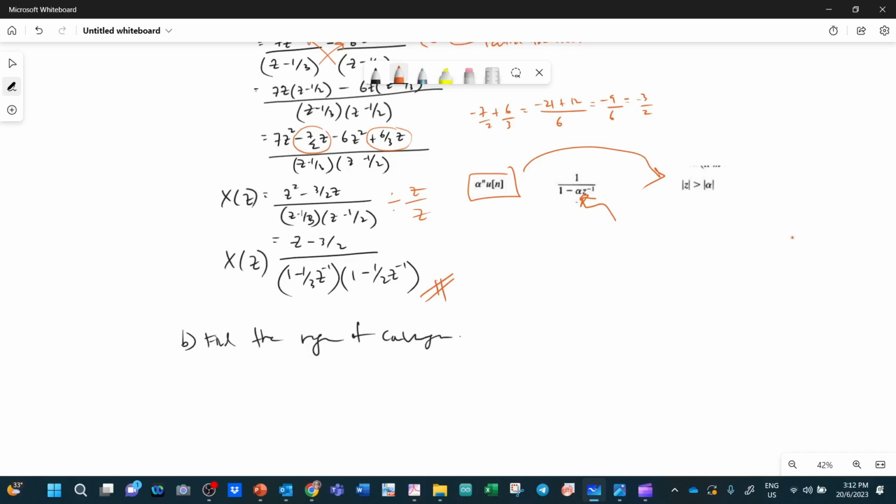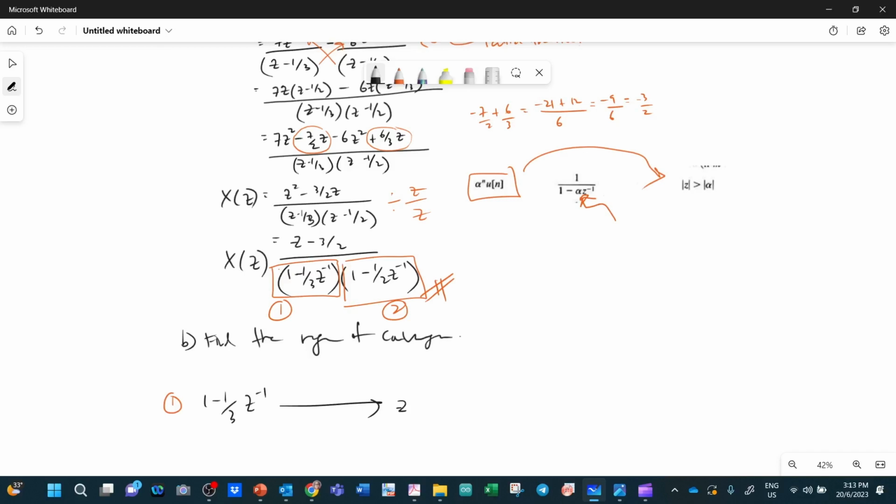For this case you have two denominators over here, right? The first one and the second one. Let's say I number it first and second. So for number one, you take this one, 1 minus 1 over 3 z inverse, directly by using the z transform table. So you don't need to actually calculate, you directly use it.